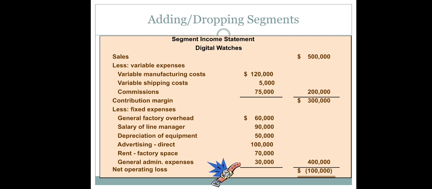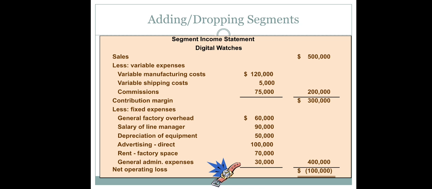Okay, let's see the solution. This is the income statement for the department of digital watches. Sales is 500,000, variable manufacturing cost 120,000, variable shipping cost 5,000, commission 75,000, total variable cost 200,000, contribution margin 300,000.